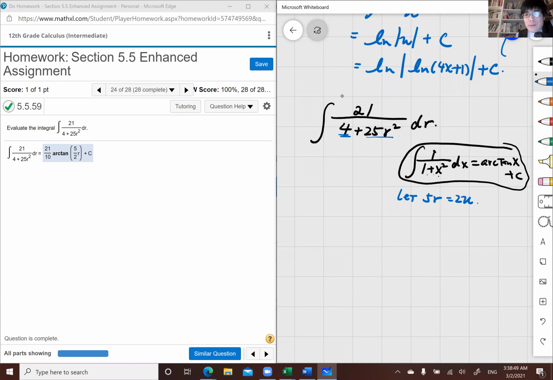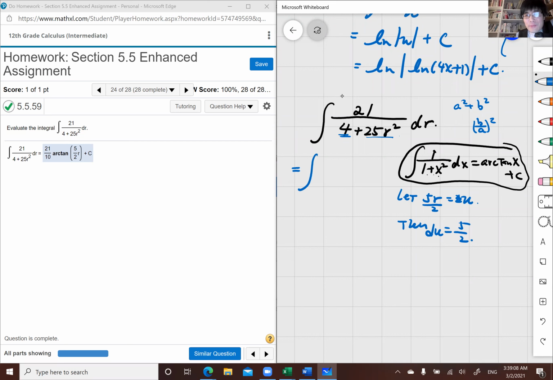Or you can just say when you have a squared plus b squared, then consider the substitution of b over a instead. So 5r over 2 is equal to u. Then du is going to be 5 over 2.